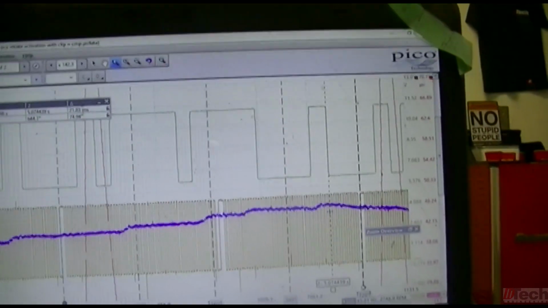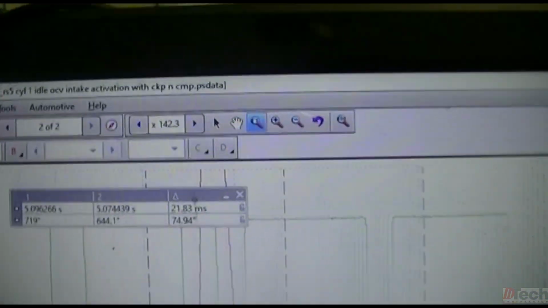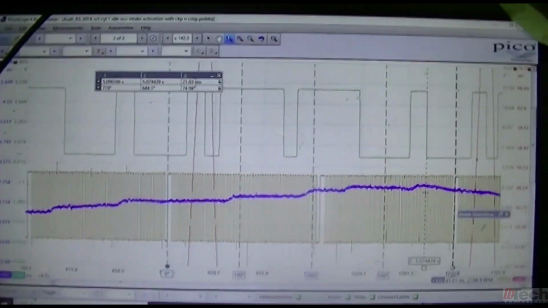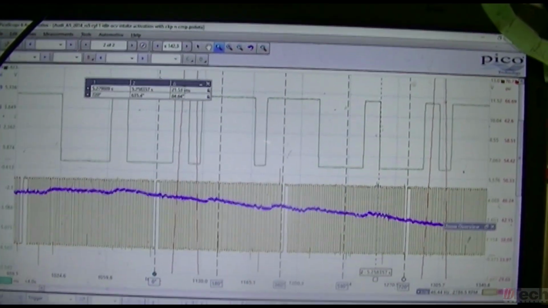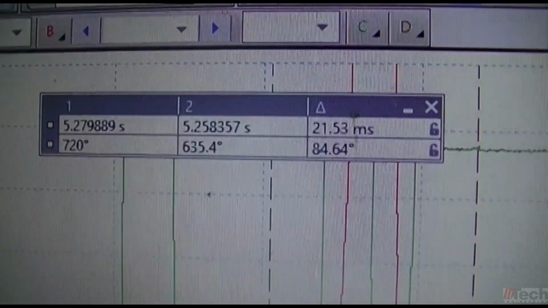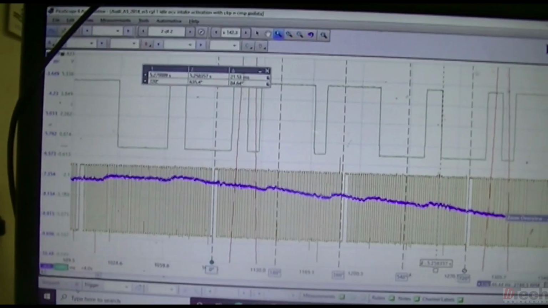Okay, so there's our first measurement from here to here, and here we are actually getting about 75. And the second cycle measurement, we are reaching about 80, we'll call that 85.